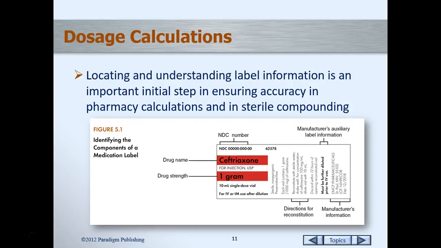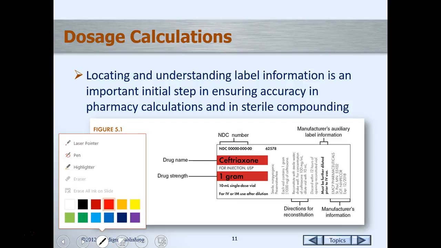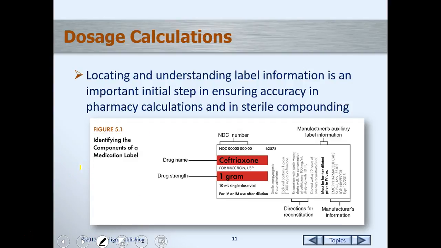So what we would look at on this order, let's see, get our little pen here and take our highlighter. All right, so in this case, we've got 1 gram of drug, and we've got a single dose vial, but we need to look at what will be our concentration.